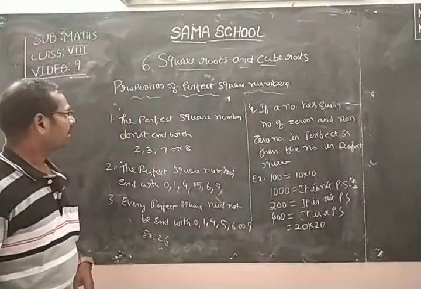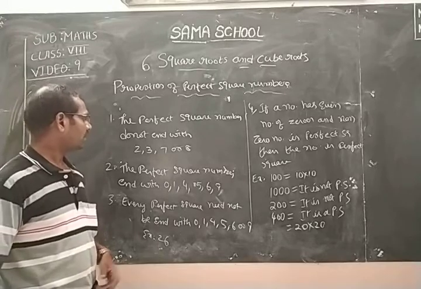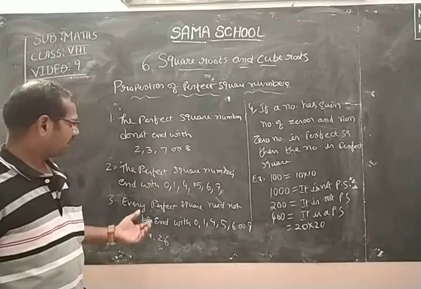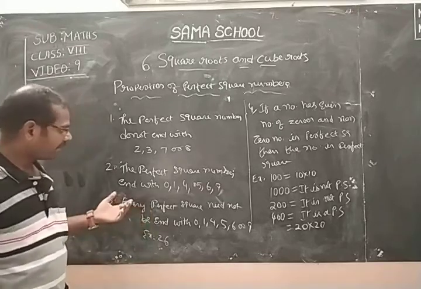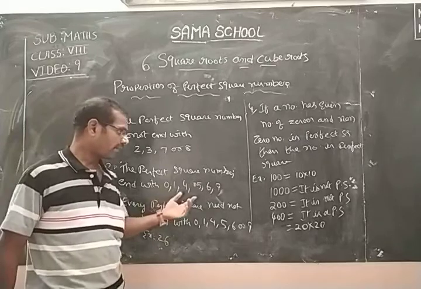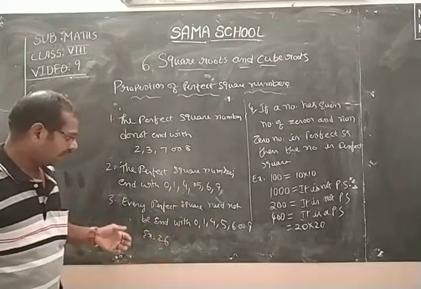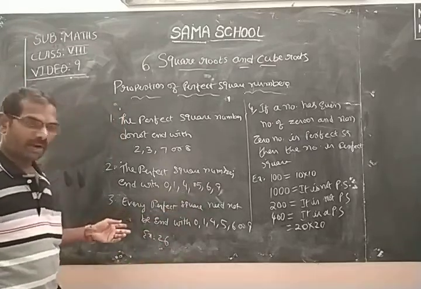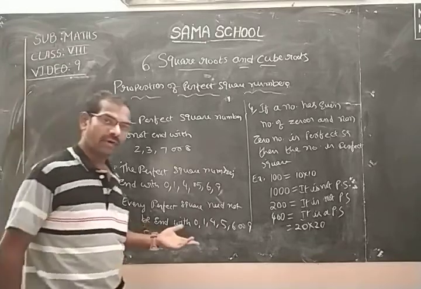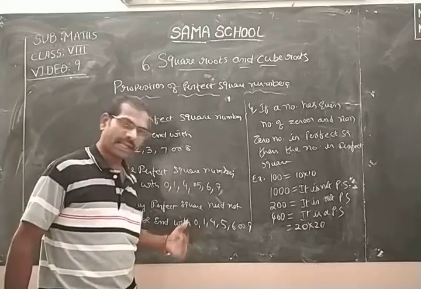Perfect square numbers do not end with 2, 3, 7 or 8, and they end with 0, 1, 4, 5, 6 or 9.